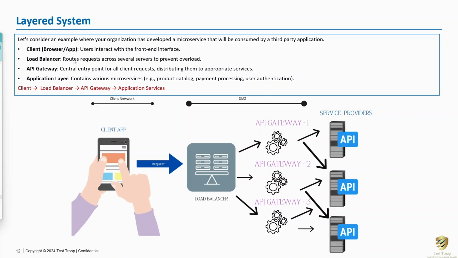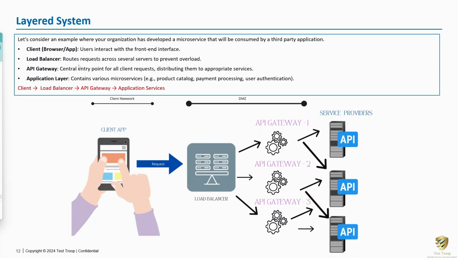Here the client user interacts with the front end interface. The load balancer routes the request across the several servers. Basically it is responsible for distributing the load in order to prevent overloading of a particular server.